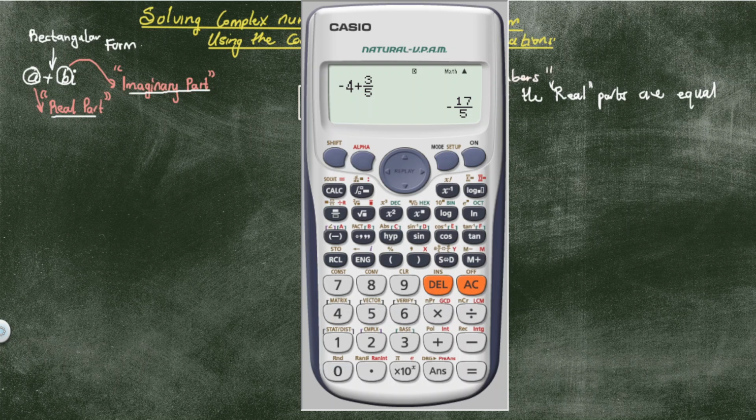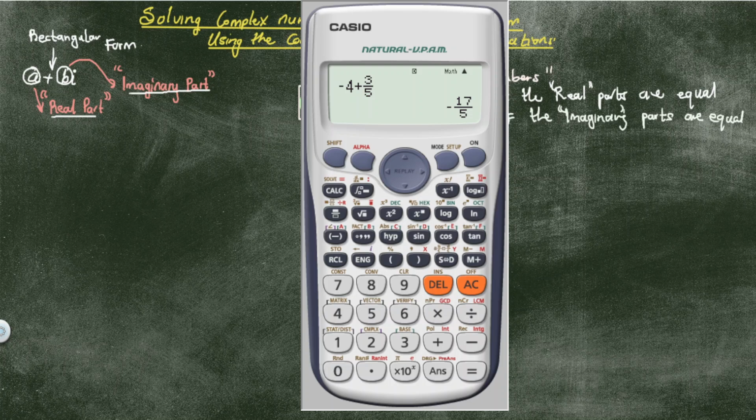Which real parts now? If this A and this C are equal. And here's the last one. If the imaginary parts are equal as well.